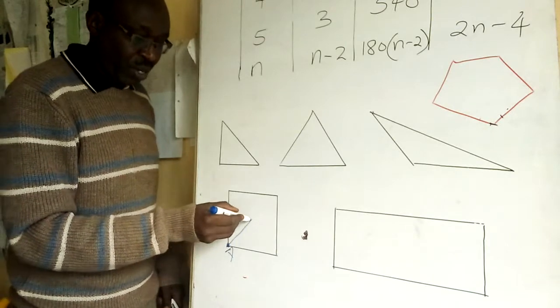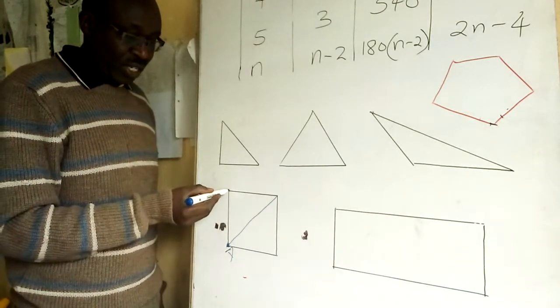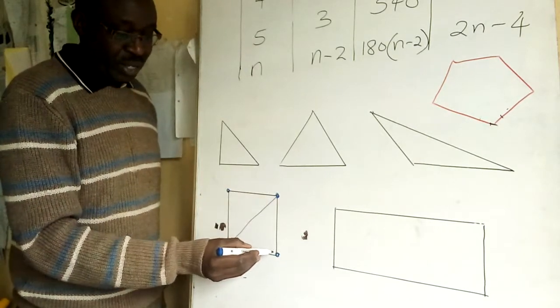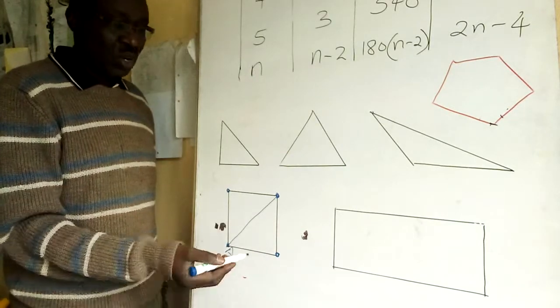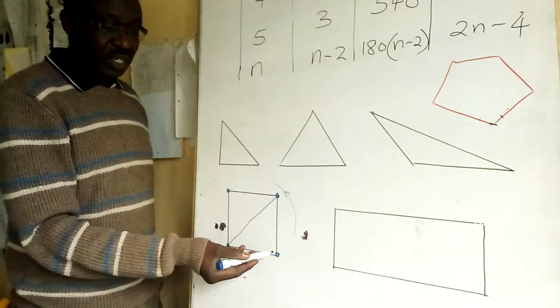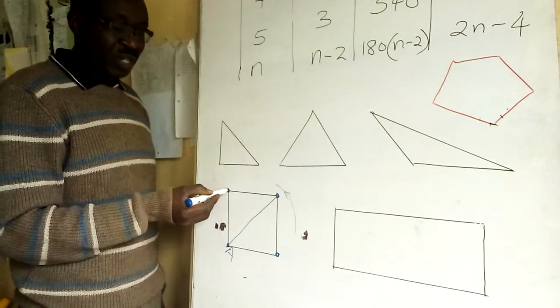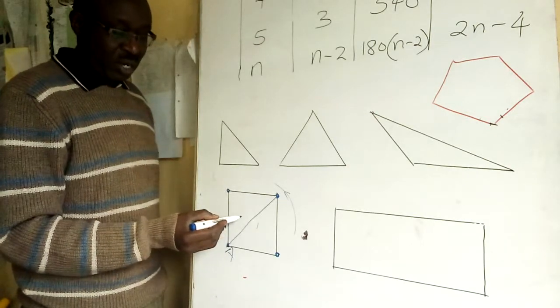Because if I do that, now another corner is here. These are just corners I want you to play with. From here to here, it can't give me any triangle. So I skip the first, go to the second. Again, if I do this, it can't give me any triangle. So I have two triangles, 1, 2.